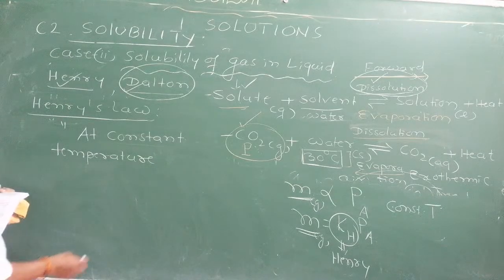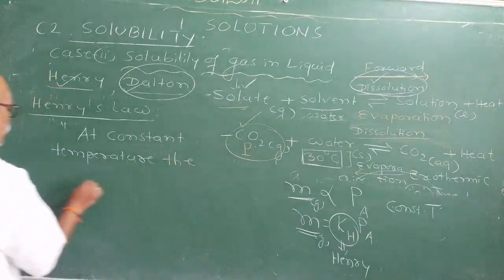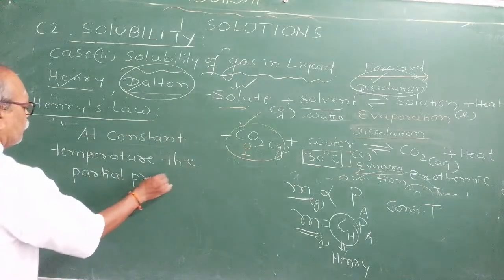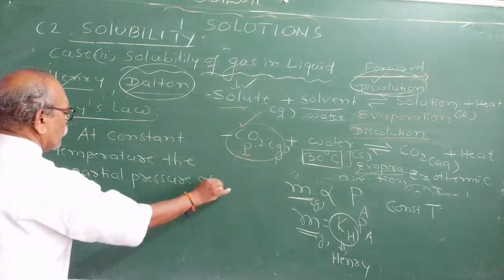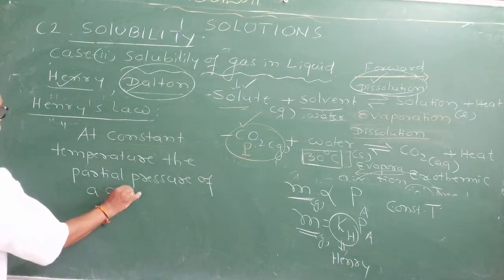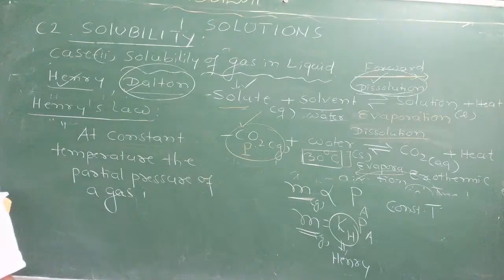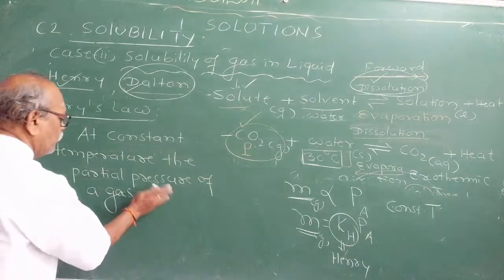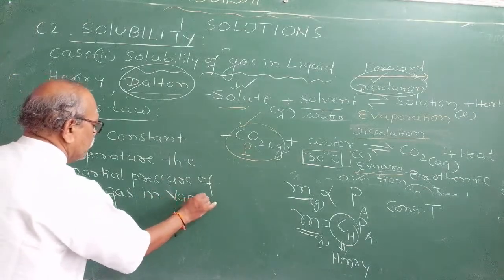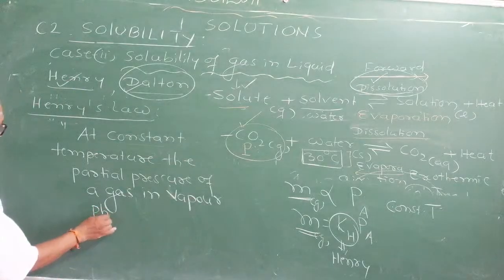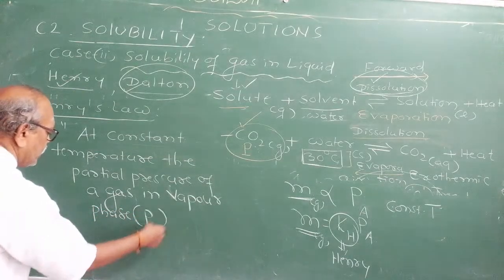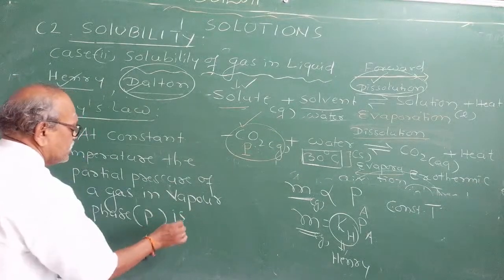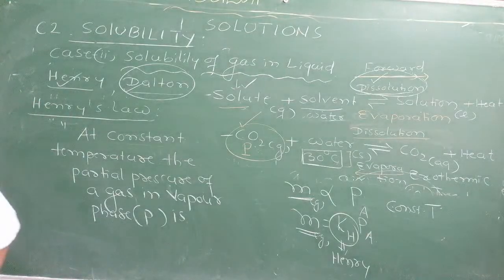the partial pressure of a gas in the vapor phase, say it is called P, is directly proportional to the mole fraction of the gas dissolved in the solution.